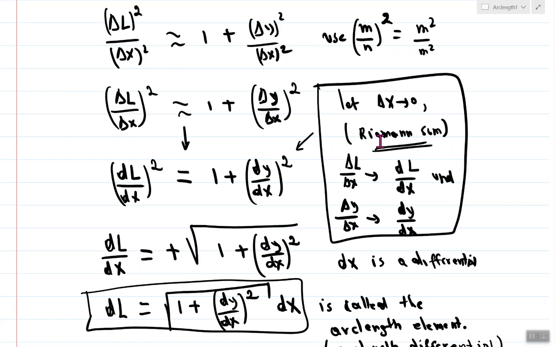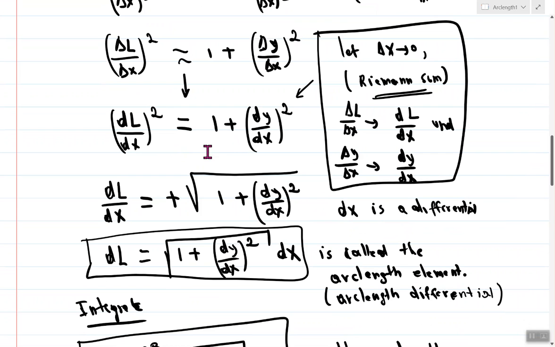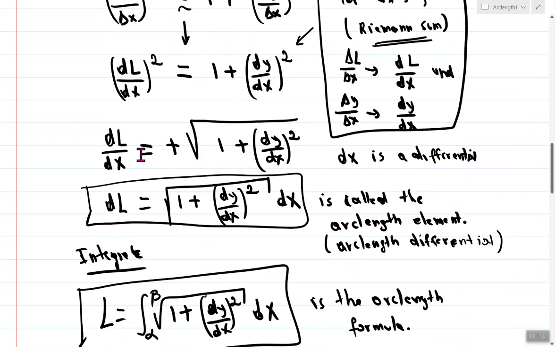Just by Riemann sum, we let delta X go to 0, then all of those are true. From here, we can take the square root of both sides of the equation. Since we're talking about distances, we only take the plus sign instead of plus or minus, because the length is assumed to be positive.